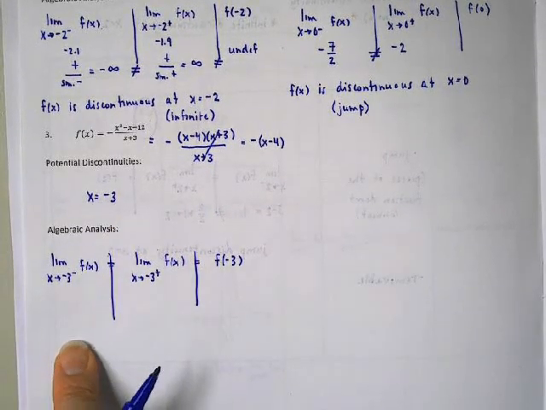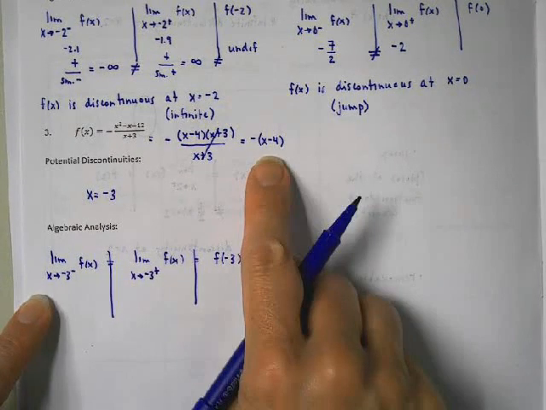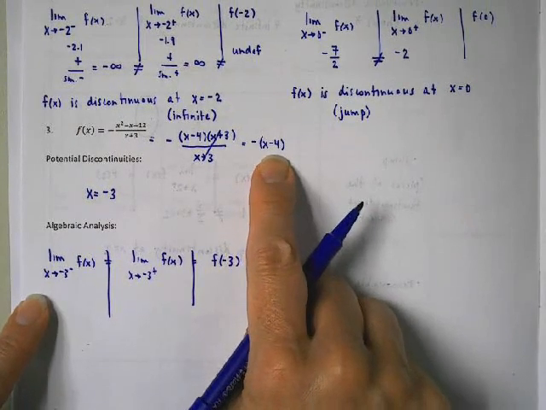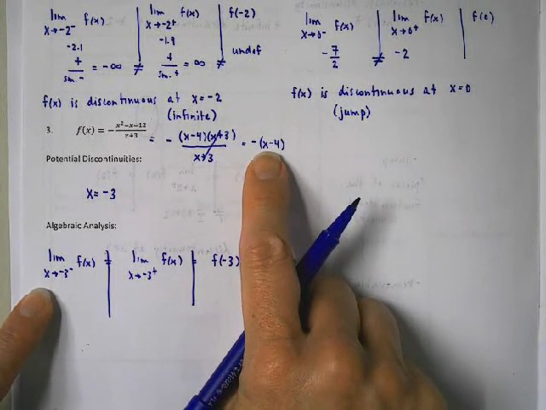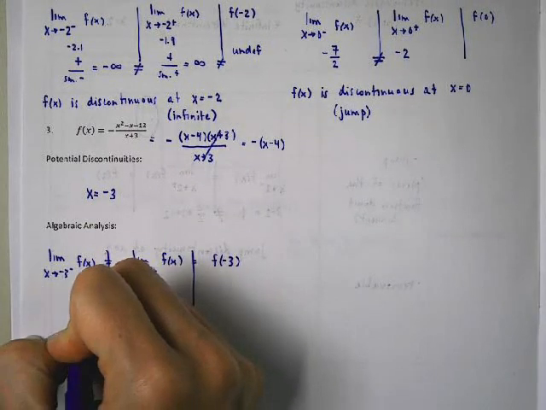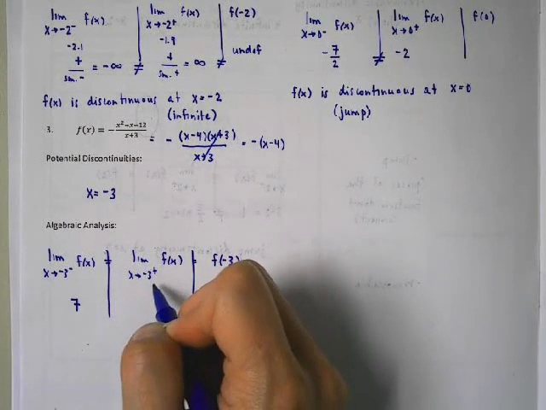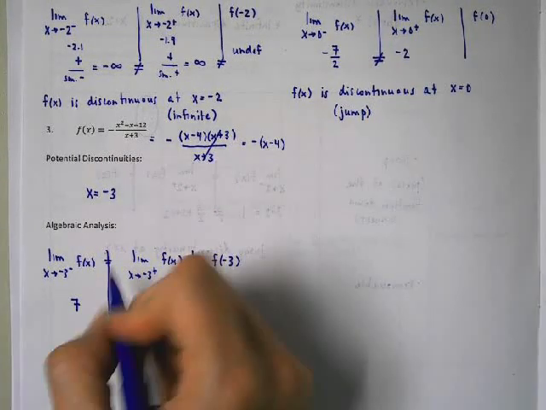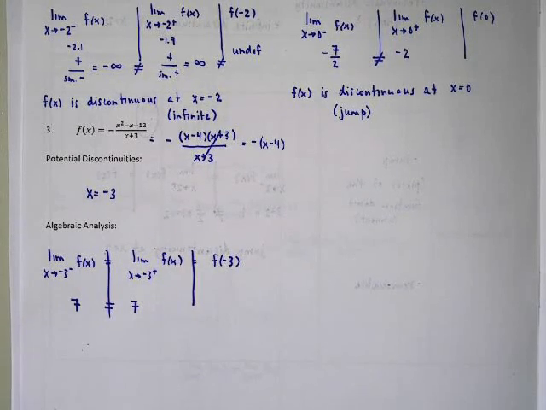Now, when we're finding the limit, because we were able to factor, we know we can plug into that simplified equation to find the limit. So if I plug in negative 3, I'm going to get negative 3 minus 4 is a negative 7. If I take the opposite, I get a positive 7. If I'm finding negative 3 from the right, I'm going to do the same thing. So now I know that I have a two-sided limit. So far things look good.